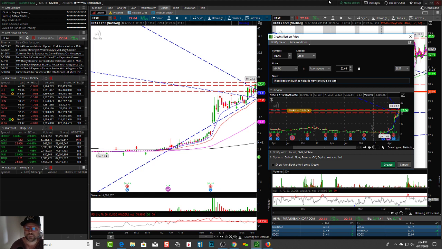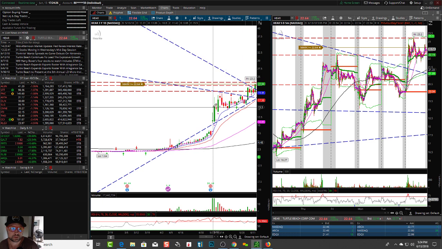So watch if it can continue over 23.20 area. So if it pulls back, watch if the 23.20 area will continue upwards. That's HEAR.